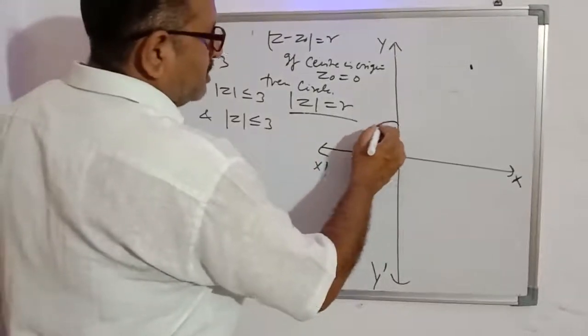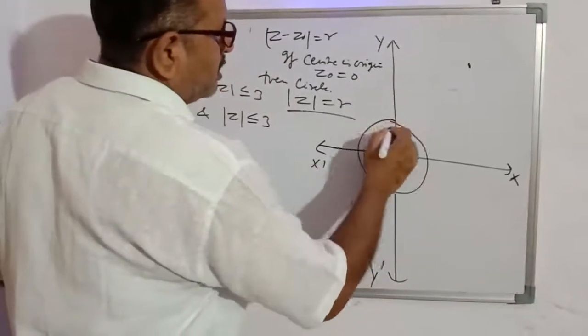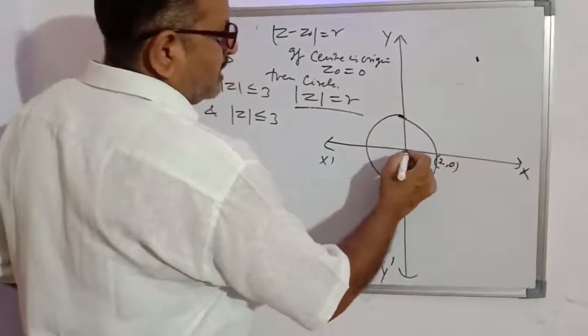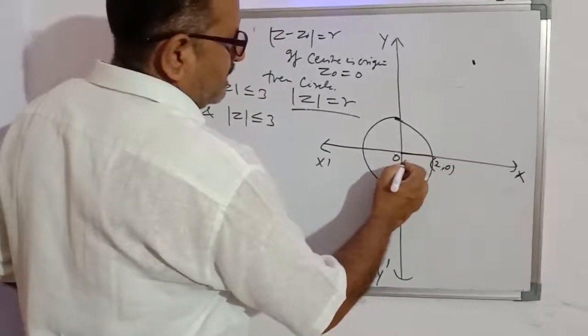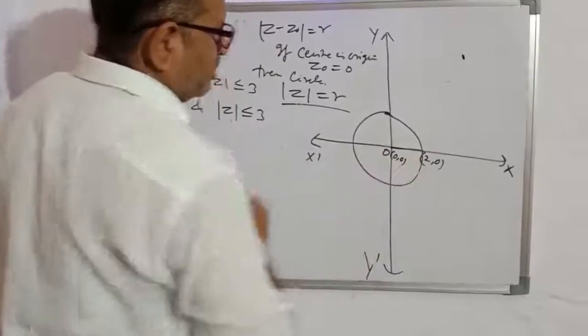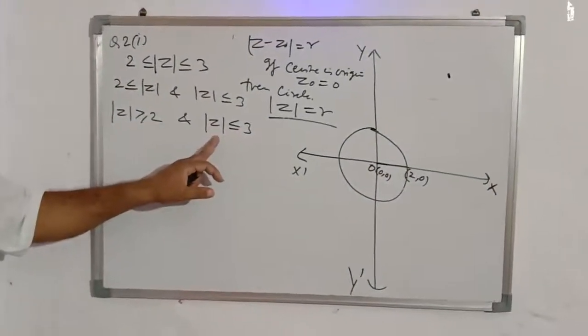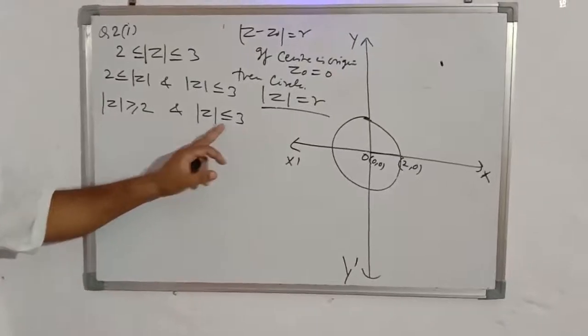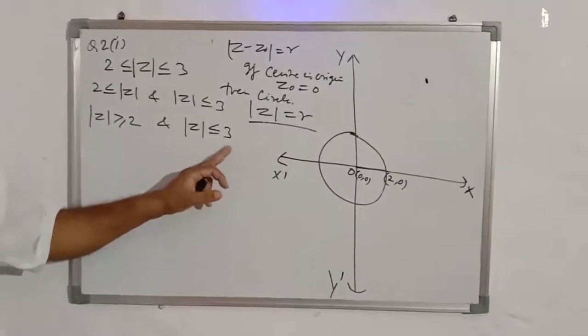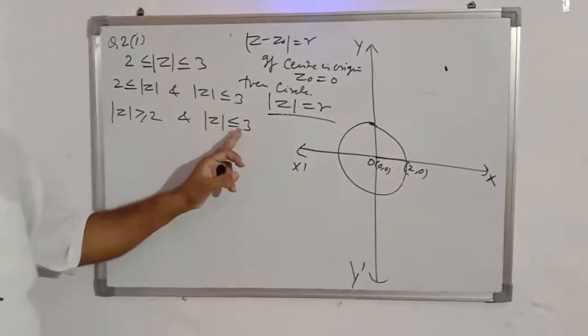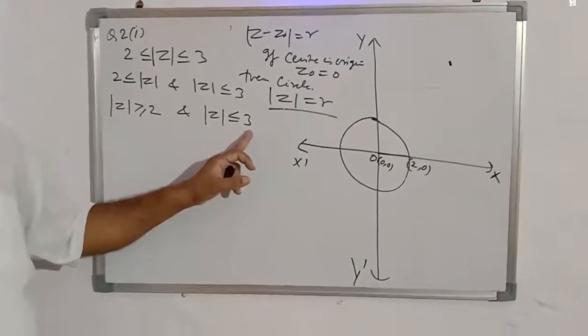So this is (2, 0), radius 2 units and center is origin. |z| less or equal to 3 represents all the points lying inside the circle with center origin and radius 3 units.